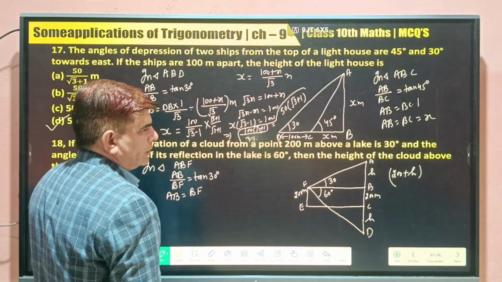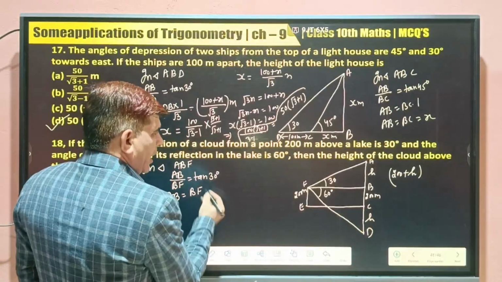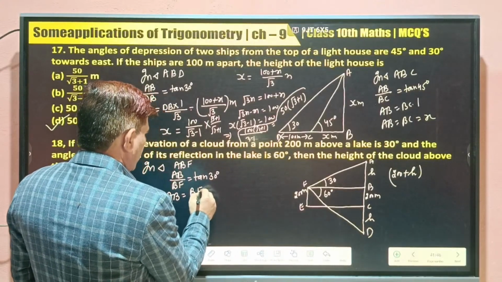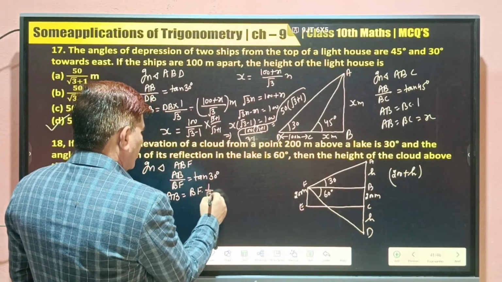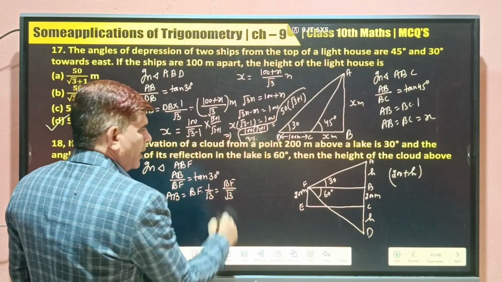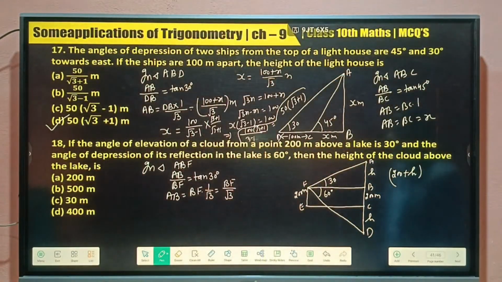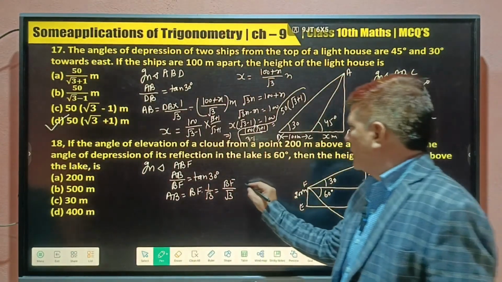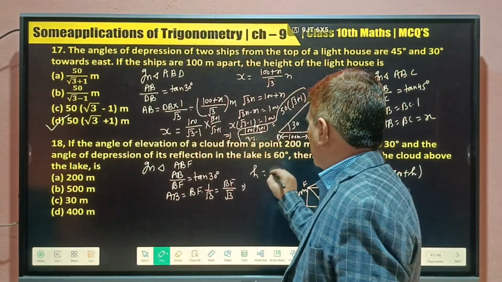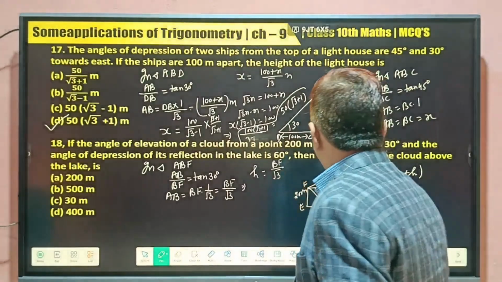What's BF? Tangent 30, 1 by root 3. So it's meaning BF by under root 3. AB is the height H. So this implies, H equal to BF by under root 3.